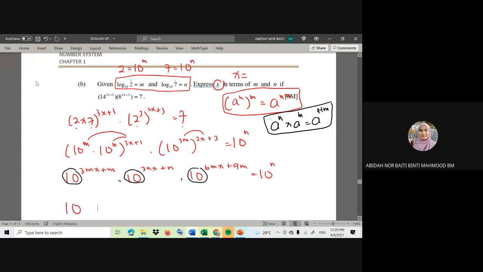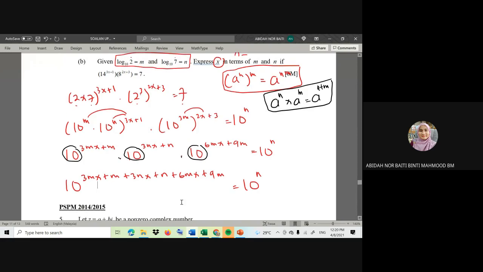So tambahlah semua. 3mx plus m plus 3nx plus n plus 6mx plus 9m equals to 10 power of n. Okay, same base. Apply rules of indices ya.